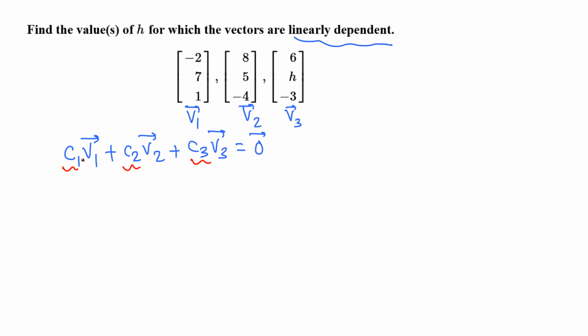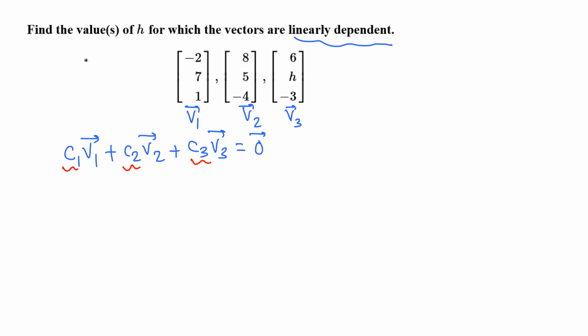We know that 0 0 0 is always a solution because this is a homogeneous system. If we multiply by 0, we always get 0. But that's not the point here. For linearly dependent, we want to find the constants so that at least one of them is non-zero.